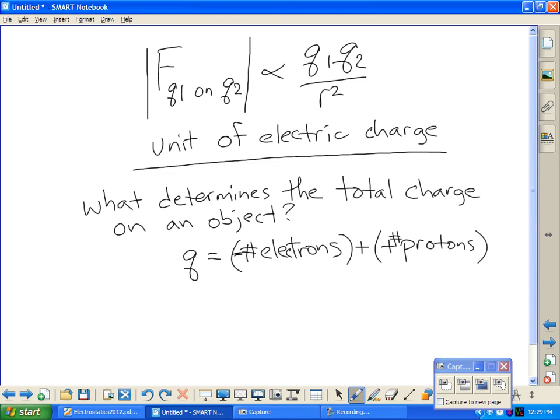So one way of saying it is you're either going to have excess protons, excess electrons or missing electrons. The amount of the charge on the proton and the electron, okay, and in our language, Q is for charge. The amount of charge on an electron is equal to the amount of charge on a proton.